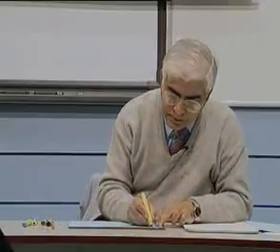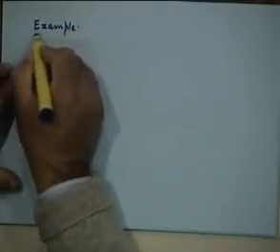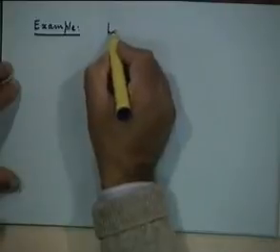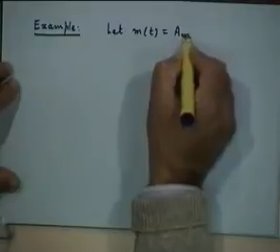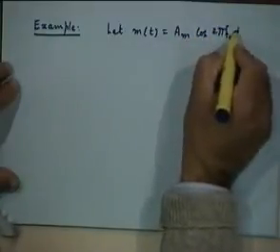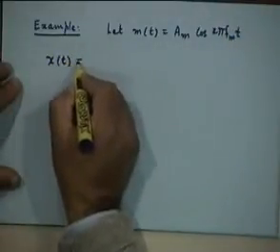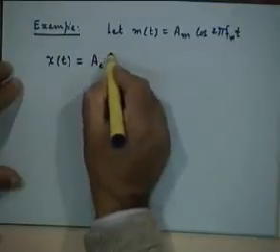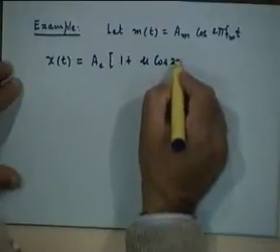Okay, to wind up the discussion on amplitude modulation, we'll take up a small example. Let's say our message signal is a pure sinusoidal signal of frequency f sub m. So that your modulated signal x of t is given by, what will it be given by?